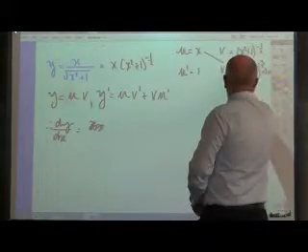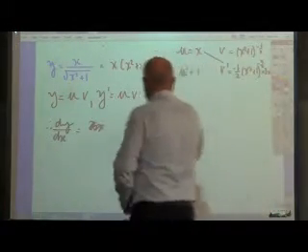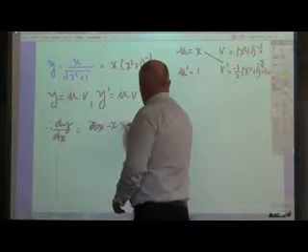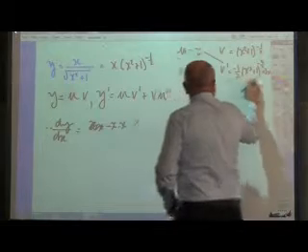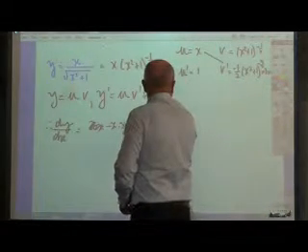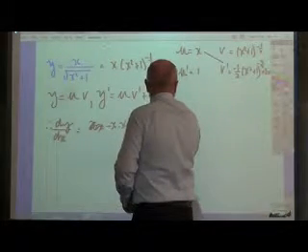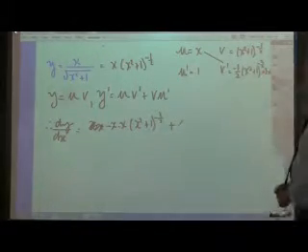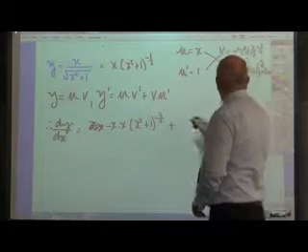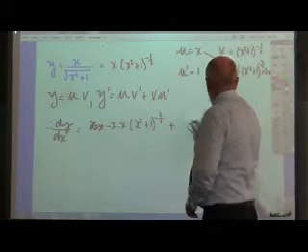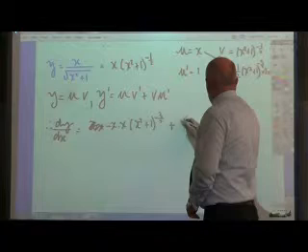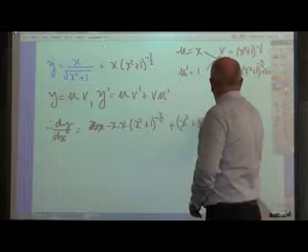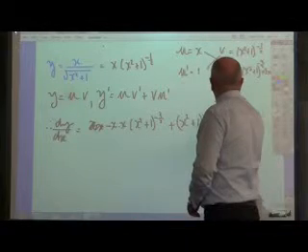A half times 2x is x, so it's negative x times that x times that there. So it's x squared plus 1 raised to the power of negative 3 on 2, plus 1 times that. So 1 times that is simply x squared plus 1 to the negative a half, let's write it in index form first.